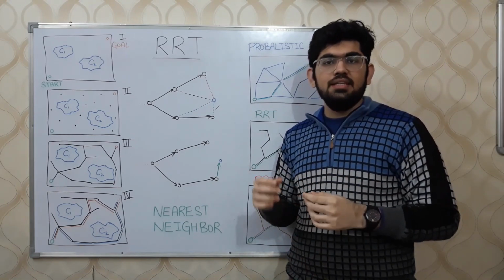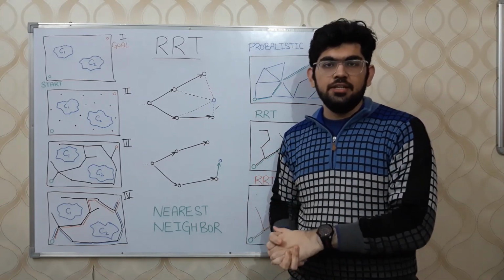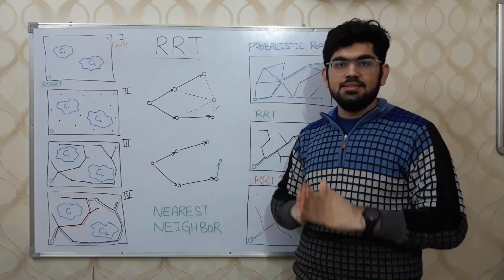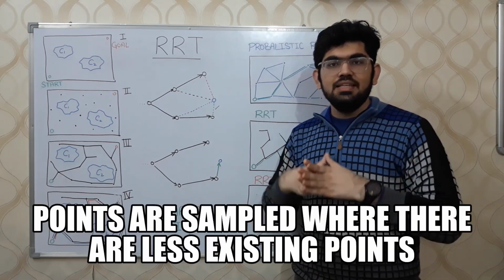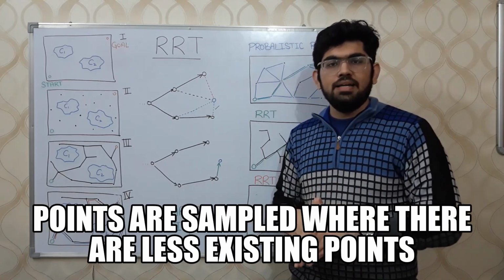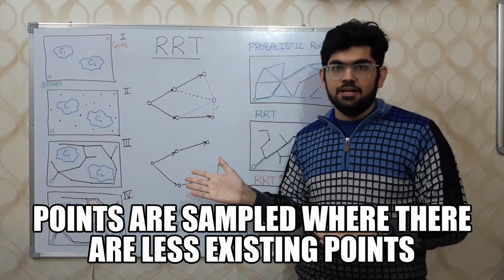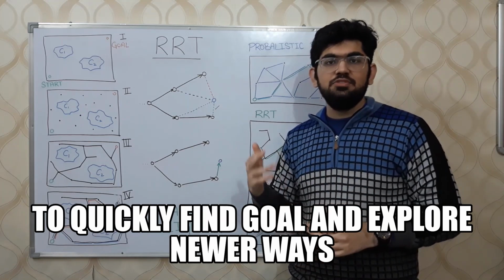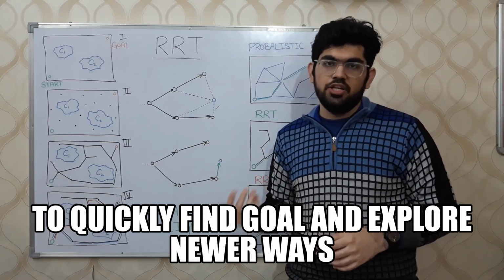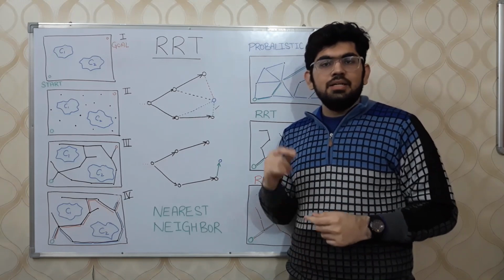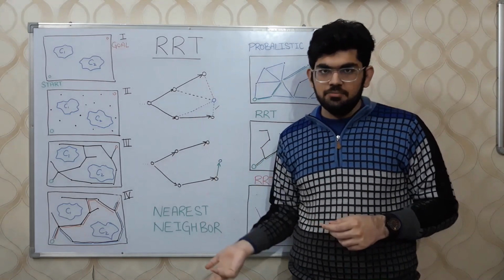In order to make the RRT algorithm more efficient, these new points are sampled in a biased way. These points are sampled to be biased towards more free space area. This bias towards free space ensures more exploration. There are some other implementation details as well.